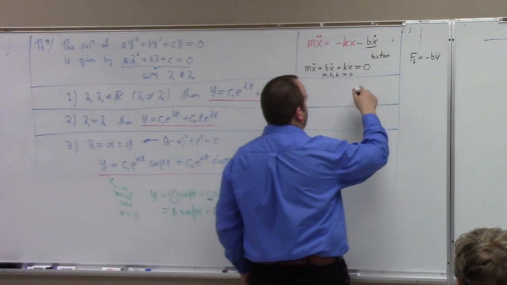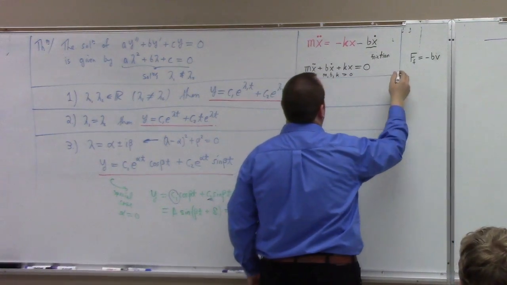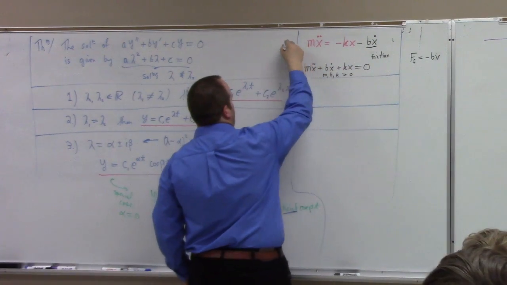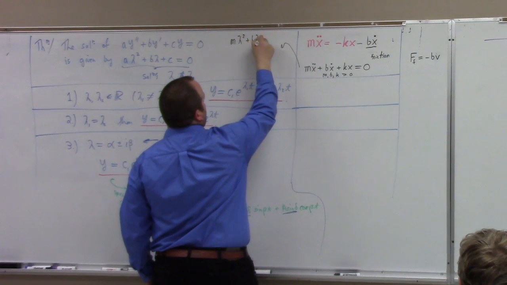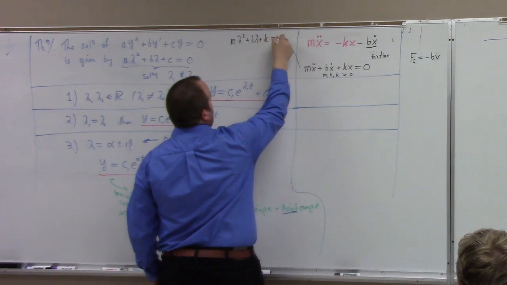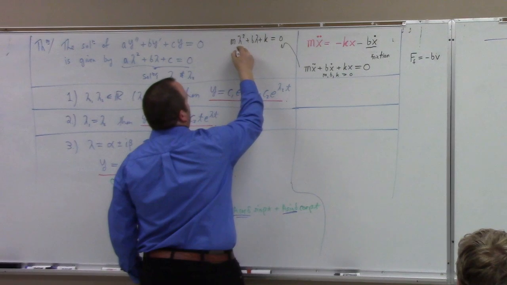Let's see here. What does this give you? Sorry, I have to stick it up here for a second. It would give you m lambda squared plus b lambda plus k equal to 0, which I could divide by m.